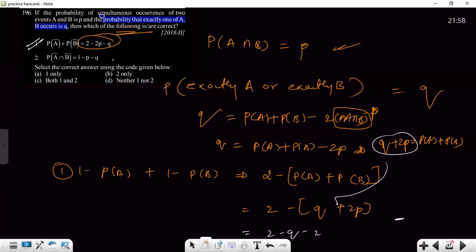So the second statement is probability of A bar intersection B bar. From here we can recall De Morgan's law.